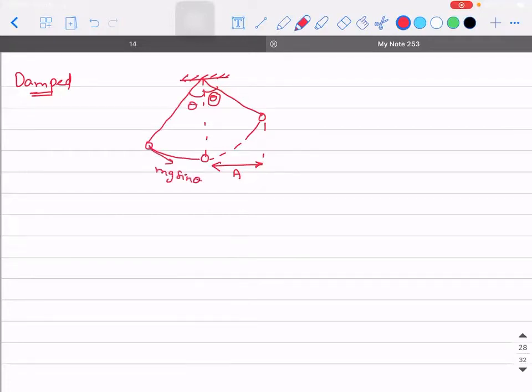Let's say it again goes back to the same value theta on the other side, where again mg sin theta acts. Now my question is, is the pendulum going to oscillate like this throughout?